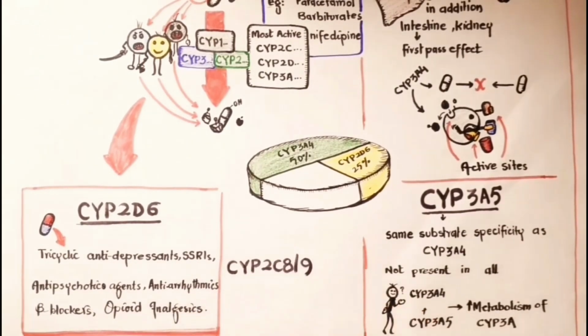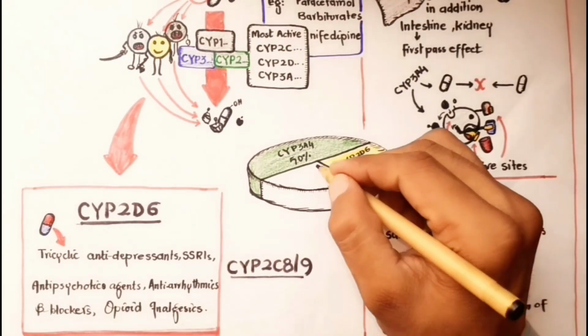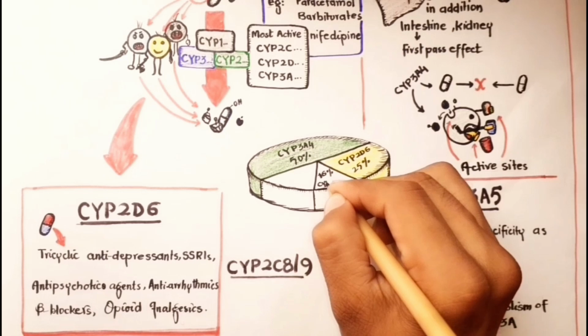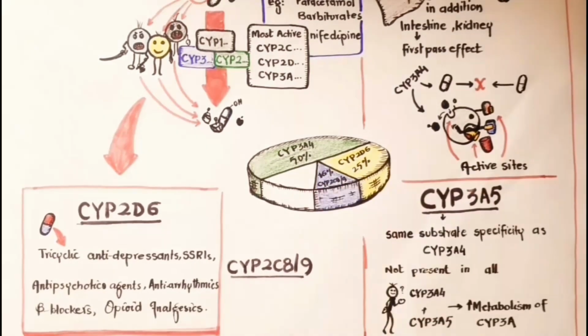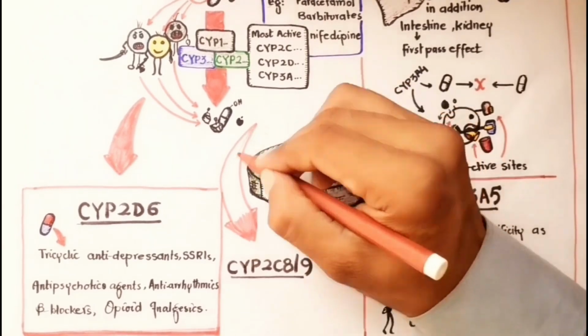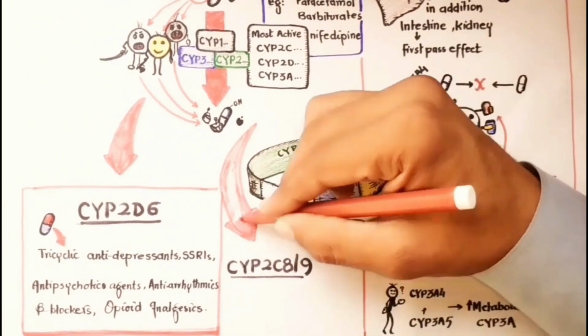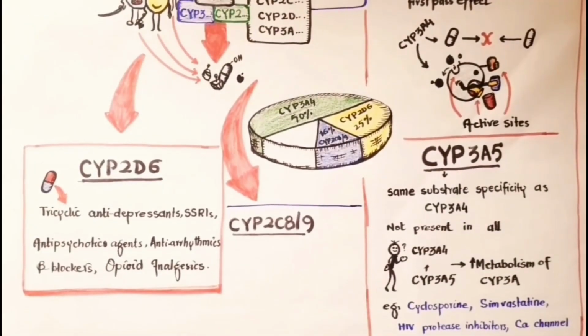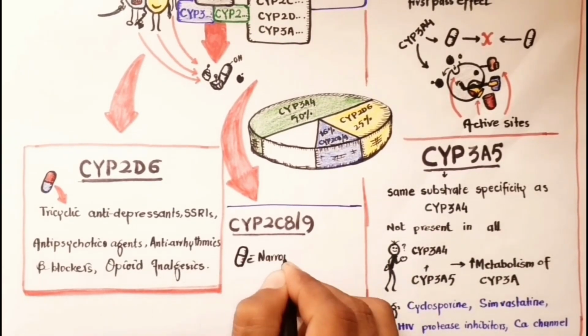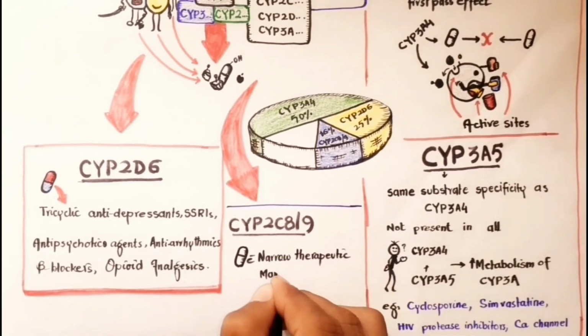CYP2C8 and 2C9. This isoform handles about 16% of the CYP-mediated drug oxidation reactions. This isoform metabolizes several clinically important drugs with narrow therapeutic margins.